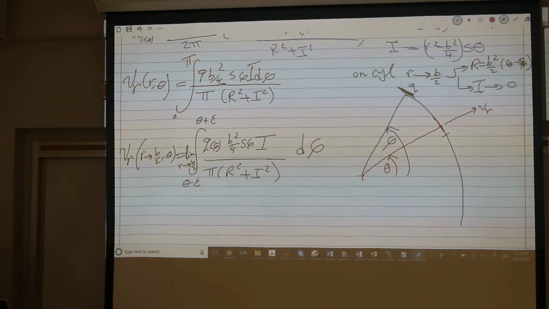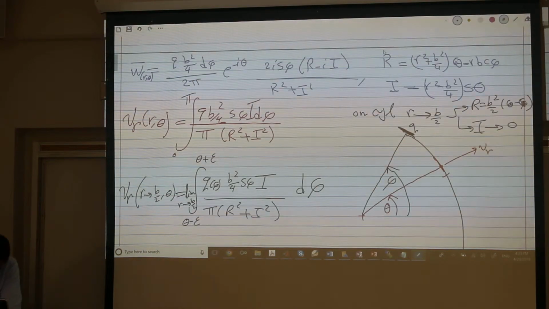That's fine. So let's get things constant outside of the integration. Remember, I is a function of theta only, so I can get it outside of the integration sign. That's fine. R is not. R is a function of phi and theta.